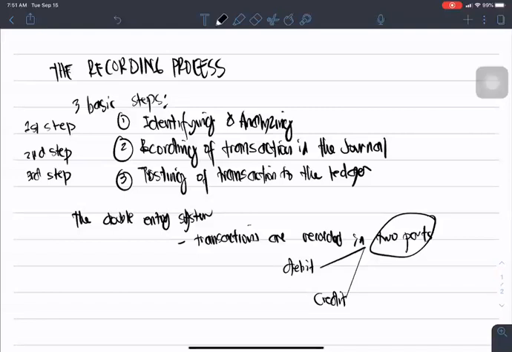So for asset, what is the normal balance again? Left side. Therefore, debit. What is the other side of the normal balance? Right side. Therefore, credit. Okay. Liability. What is the normal balance? Right side. Therefore, to increase, credit. How about the other side of the normal balance?